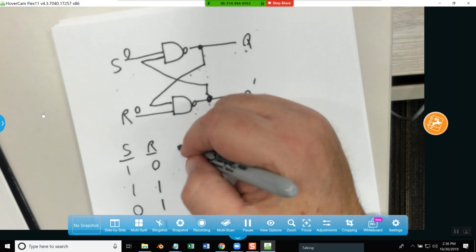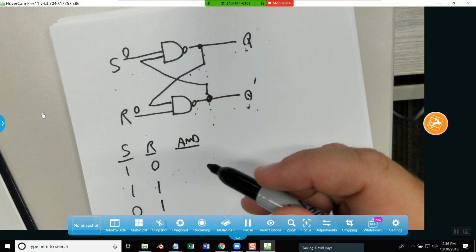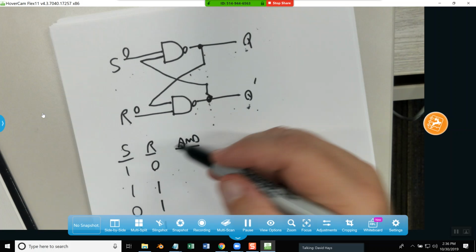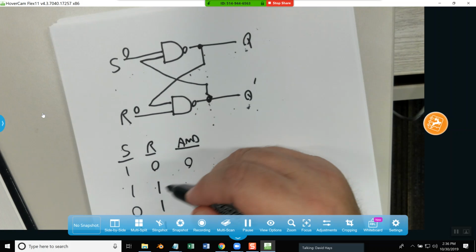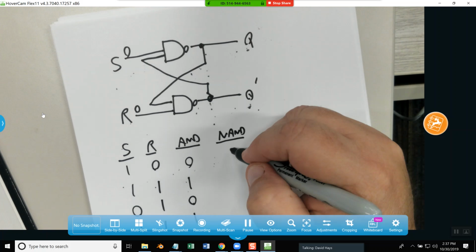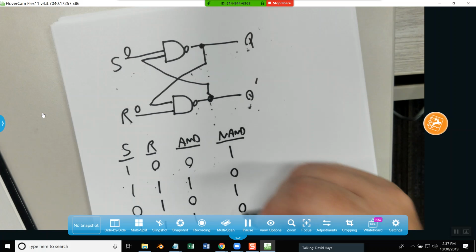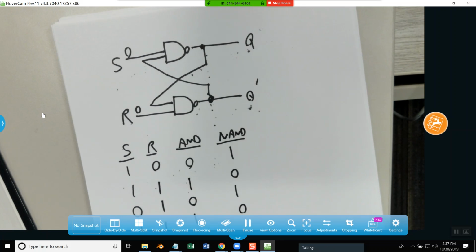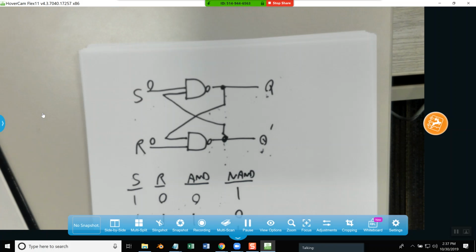So 0, 0. If S is 0, no matter what, if S is 0, then the NAND gate's giving us a 1. So that means I have 1 coming out here.